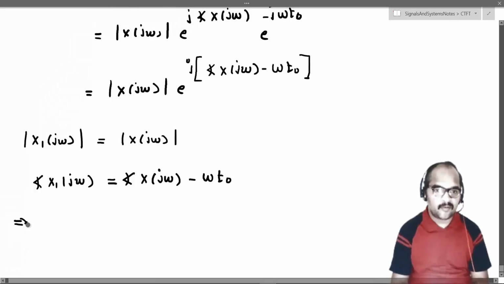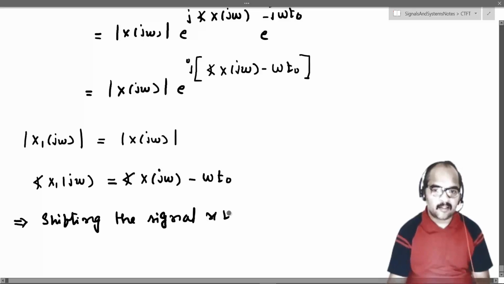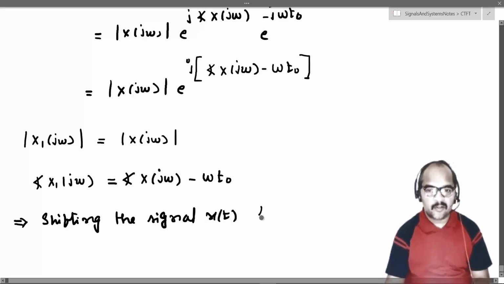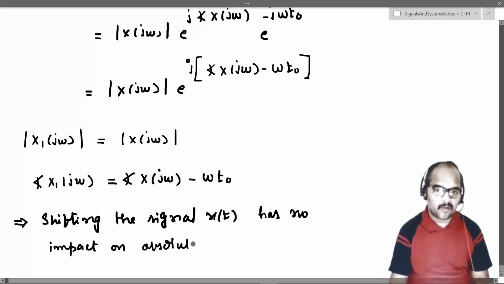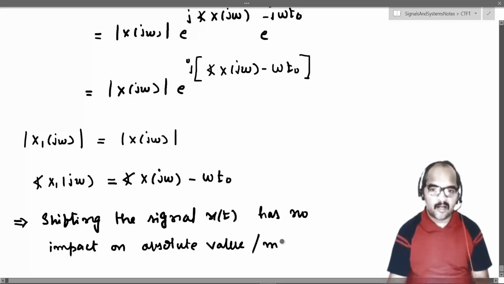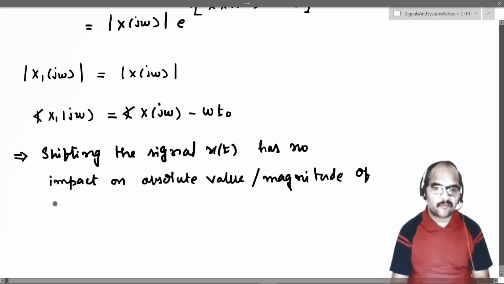This implies shifting the signal x of t has no impact on the absolute value or magnitude of the Fourier transform, the magnitude of X of j omega.